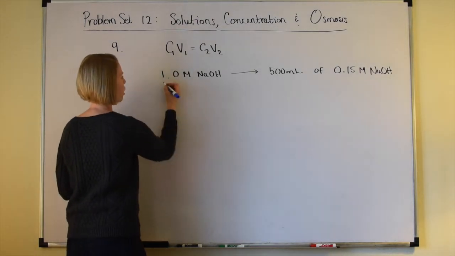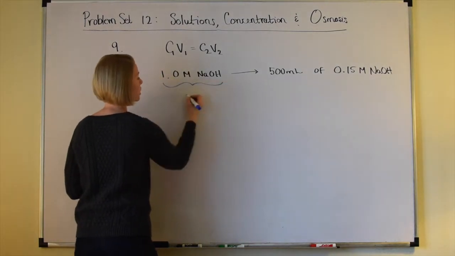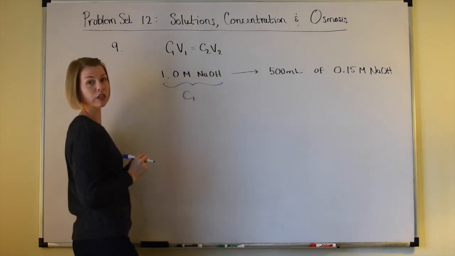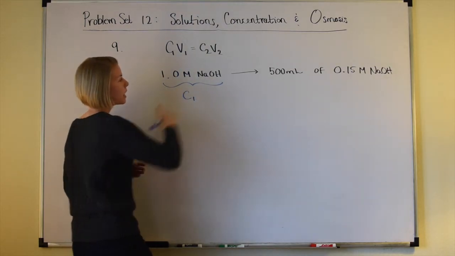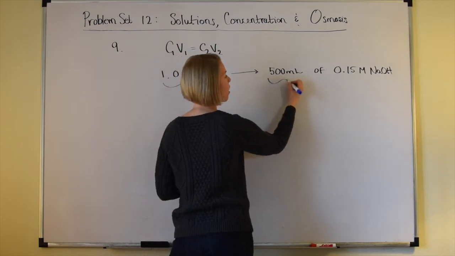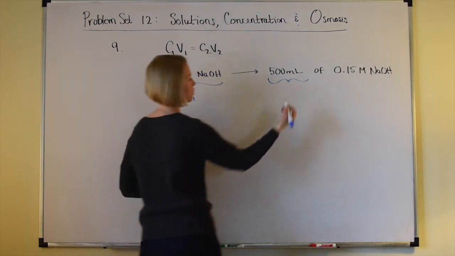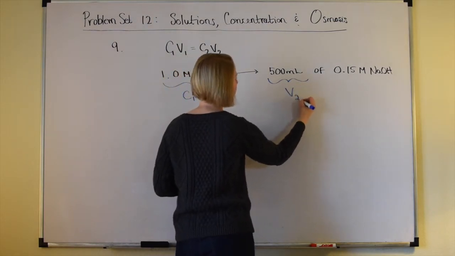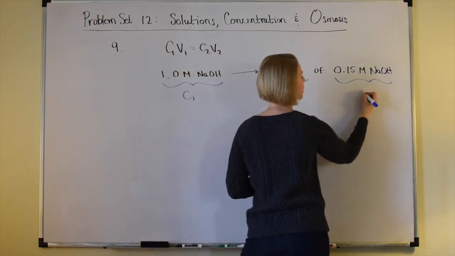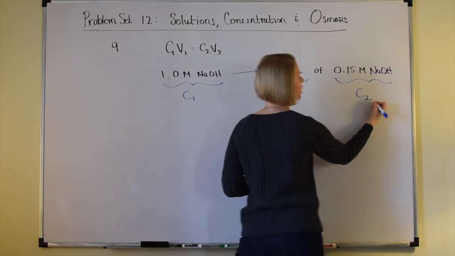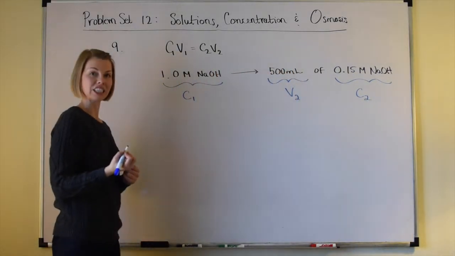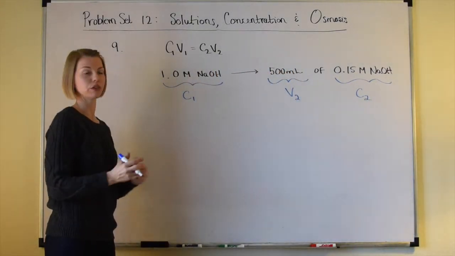Here is our more concentrated solution, our initial solution that we're going to be diluting. Here is our desired volume of our new diluted solution. So this is V2. And here is the concentration of our desired solution. So that is C2, the concentration of our diluted solution.